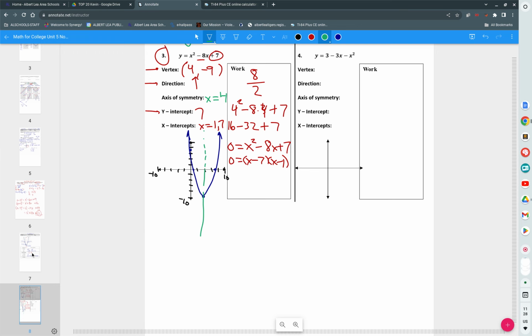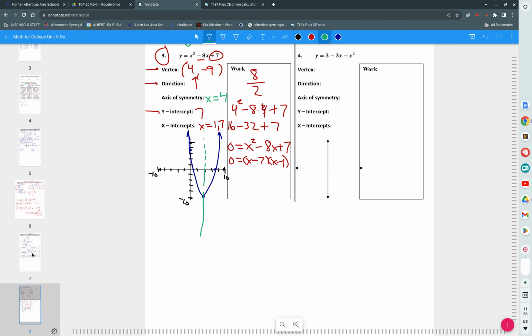This is trying to be 2 minus 5, because you're plugging 2 in. So to be clear, the formula is negative b divided by 2 times the a value. Notice how a is 1, b is 4, and c is negative 5.